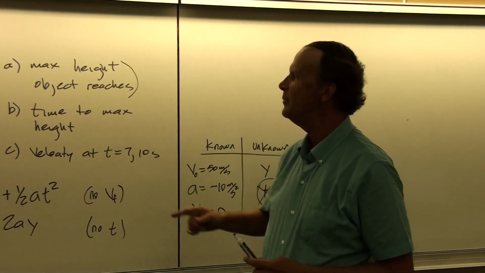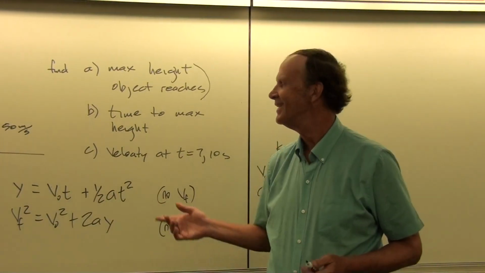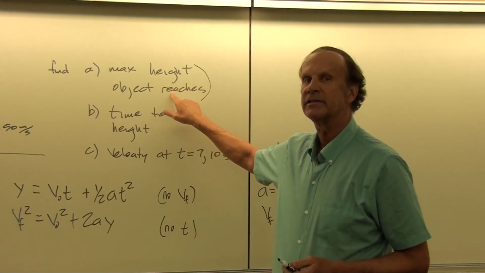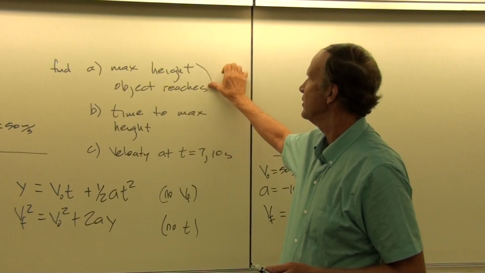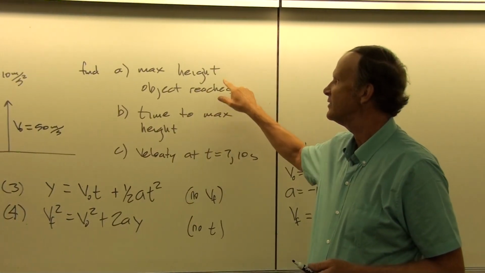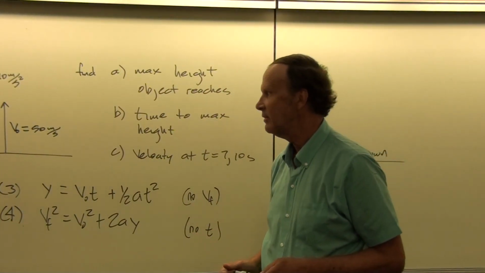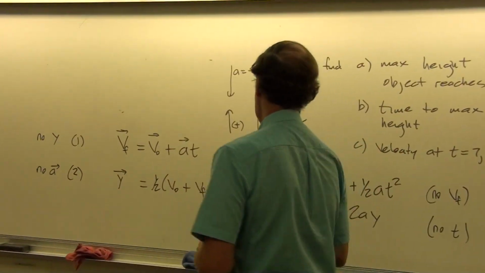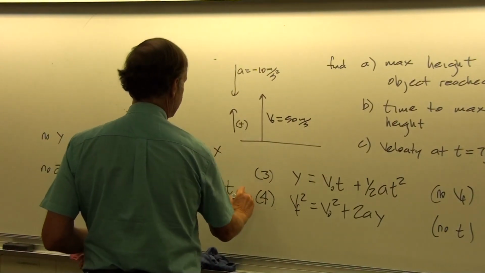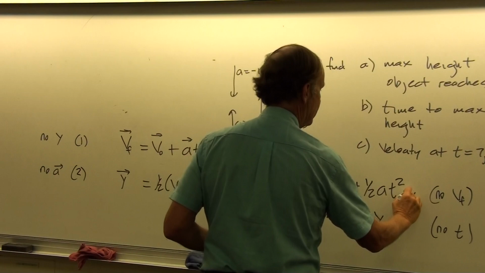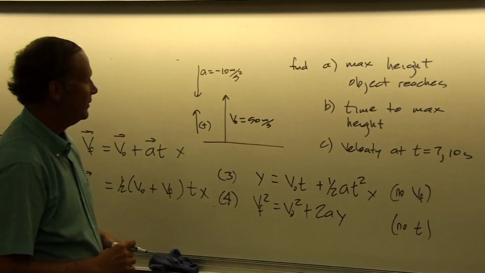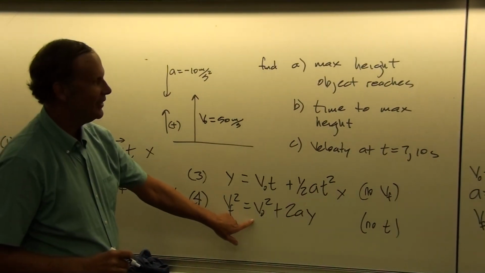You might say, well, wait a minute, it is asked for in part B. But we're only doing one at a time. So while we're doing A, the time is not asked for yet. So that means we can get rid of all these equations that have the time in it. That gets rid of equations 1, 2, and 3, and leaves us with equation 4.